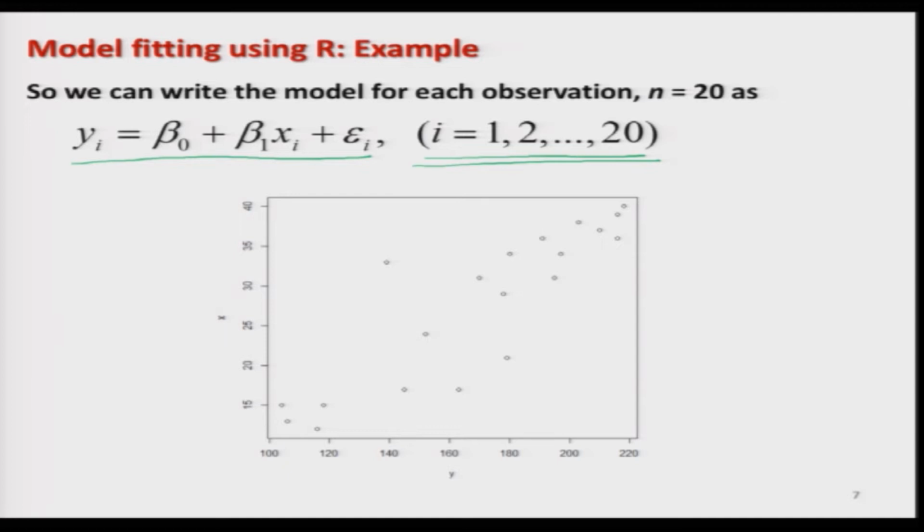We can look at the scatter diagram. You can see here I have plotted the scatter diagram of x and y simply using the command plot x and y. I will try to show you on the R console, but you can see that these are the locations of the different pairs of observations.